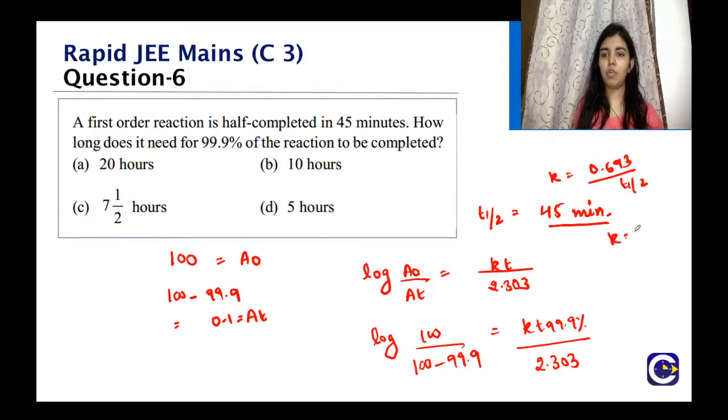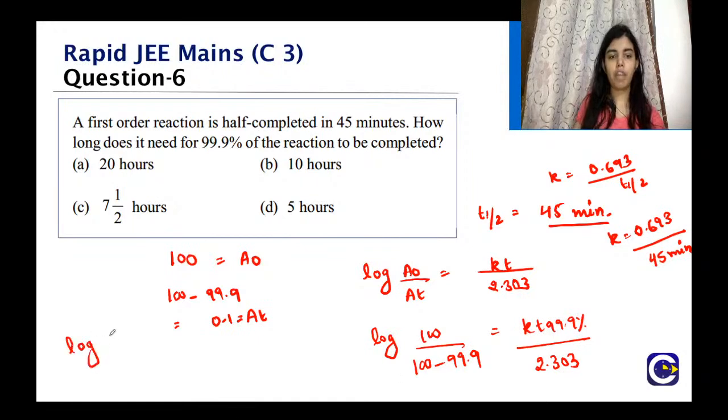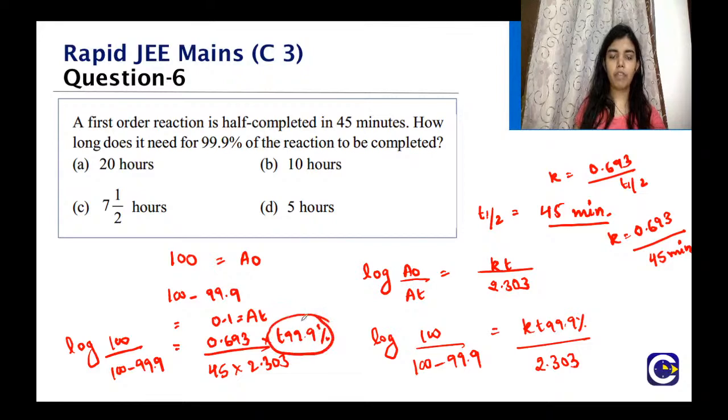So K will be equal to 0.693 divided by, what is T half here? 45 minutes. Substitute the value of K here, you will get log of 100 upon 100 minus 99.9 will be equal to 0.693 divided by 45 into 2.303 into T 99.9%. So now you can calculate and find out the value of T 99.9%.